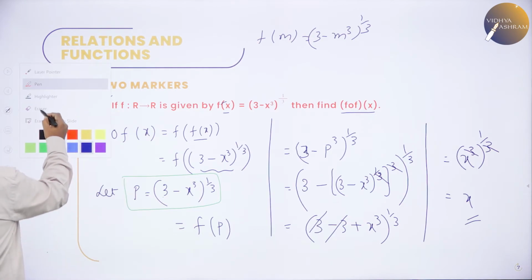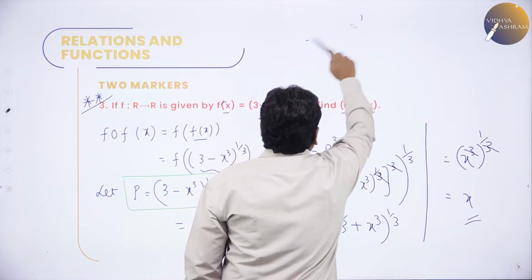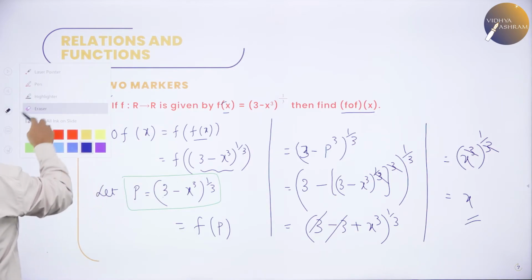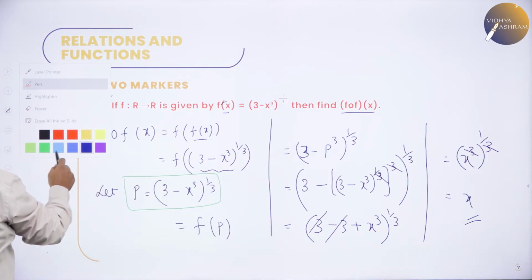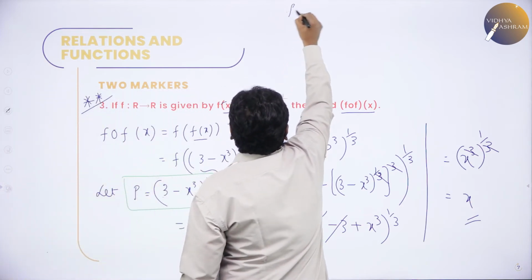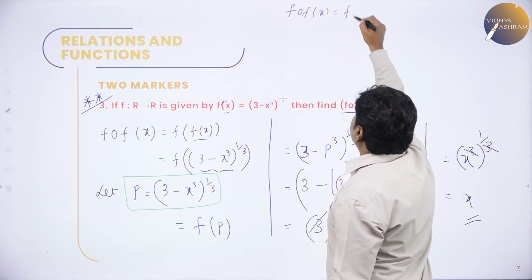I told you the same problem can be done by an alternate method. So, what is that alternate method? In this place I will do this. In 2 steps you can do. But if it is very difficult to understand, then you switch on to this, assume it as a variable p and solve. Say suppose the other alternate method I will do. Alternate method is they want FOF. What is FOF? FOF x, that is f of f of x.